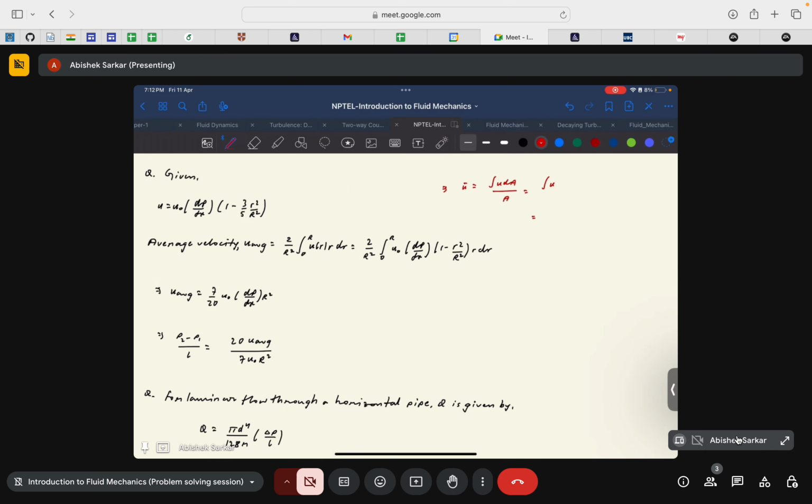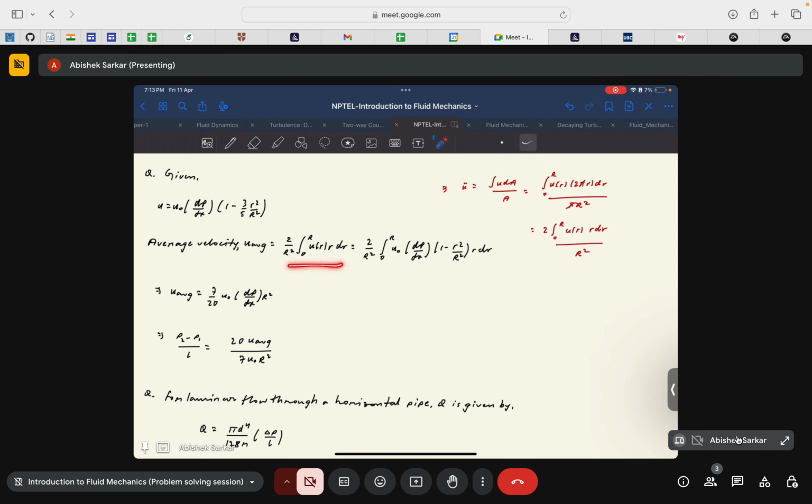So integration from 0 to R, velocity is u, which is a function of r, for fully developed flow through a pipe, times 2 pi r dr, and the area is pi capital R square. So pi you can cancel out, because it's constant. 2 you can take out of the integration from 0 to R, u of r r dr over R square. So that is what we have shown here.